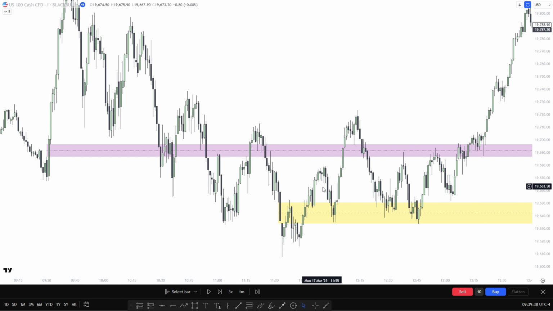You start looking for your setup, okay? Ideally during a macro window. So this is the first significant displacement here.